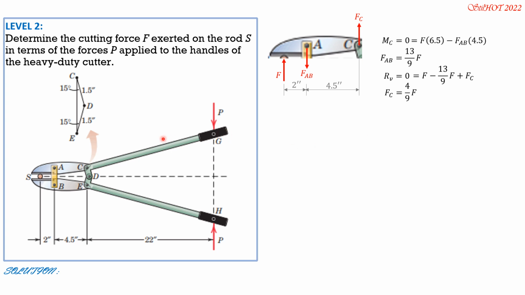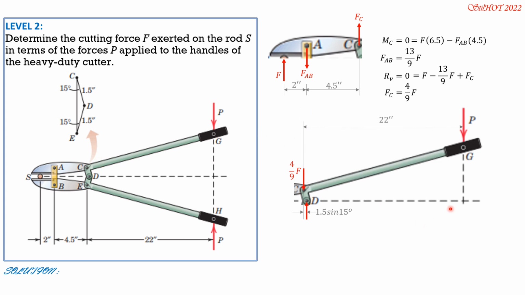Then we draw the free body diagram of this portion of the handle with P. So action-reaction, F sub C is now 4 over 9 F acting at C downward. Take note that there is a horizontal distance between C and D, or D and E, and that distance is 1.5 sine of 15 degrees.